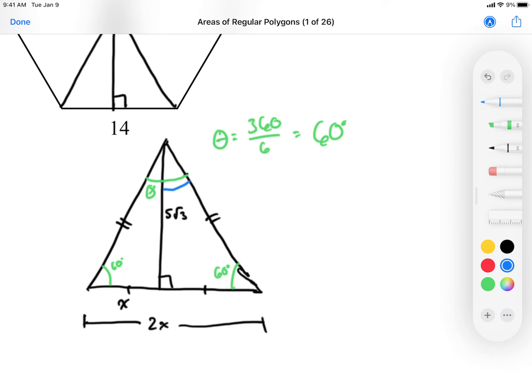Anybody? It's got to be 30 degrees. Okay? Which means that this triangle right here is a 30, 60, 90 triangle.